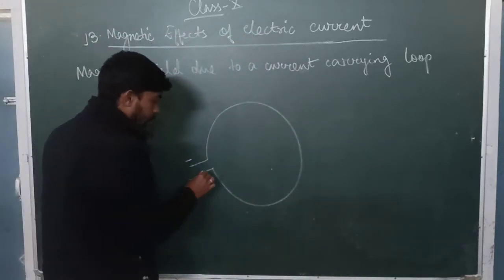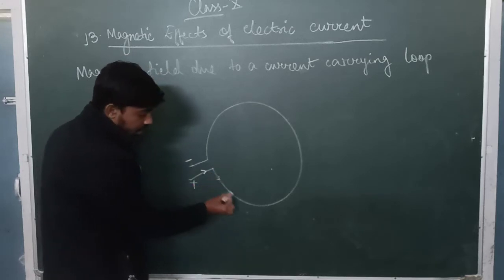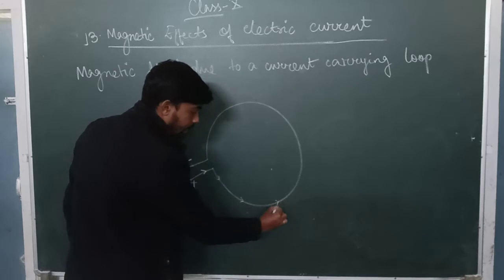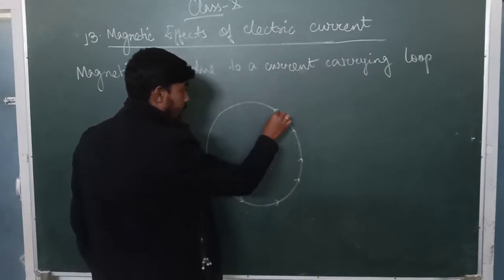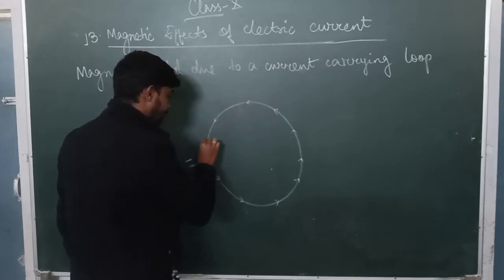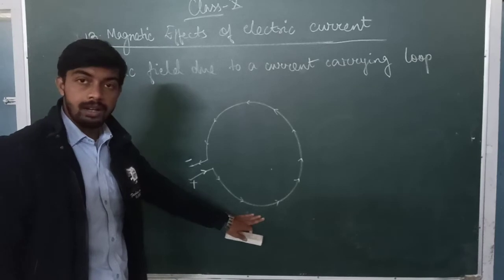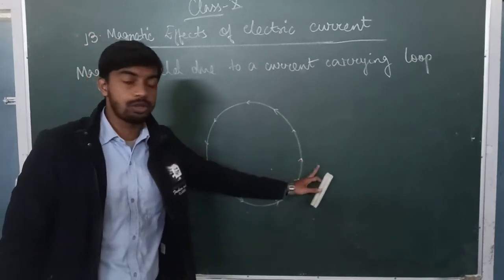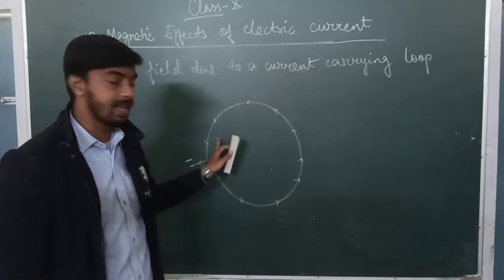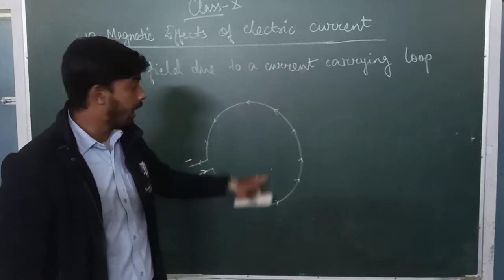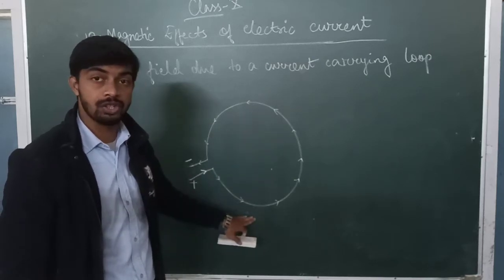Now when the current is flowing, it will flow through each and every part of the conductor. The thing to consider is that in the upper part and the lower part, the current is flowing in opposite directions.